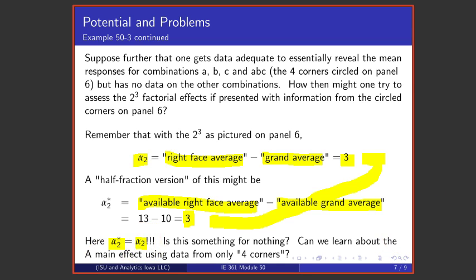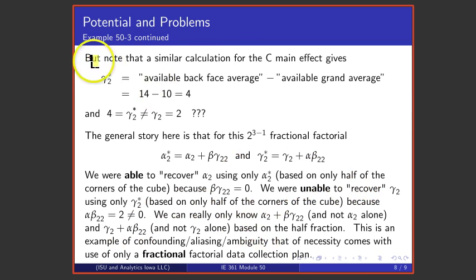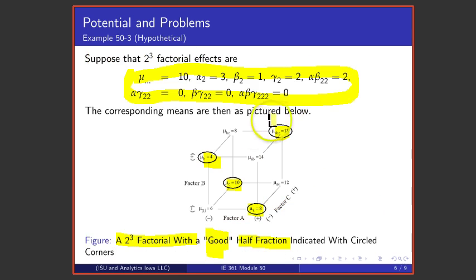One might be tempted to think, wow, I've just got something for nothing. Can I really learn about the A main effect from only 4 corners? Well, to think that one through, we might consider a similar calculation for the C main effect. The C main effect, for the second level of C, is the back face average minus a grand average.